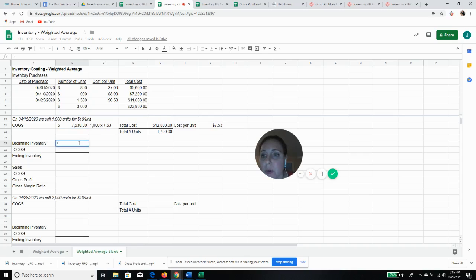Our beginning inventory is going to be the 2 batches. We also call this our cost of goods available. We could have sold 12,800. Of that, we actually sold 7,530.